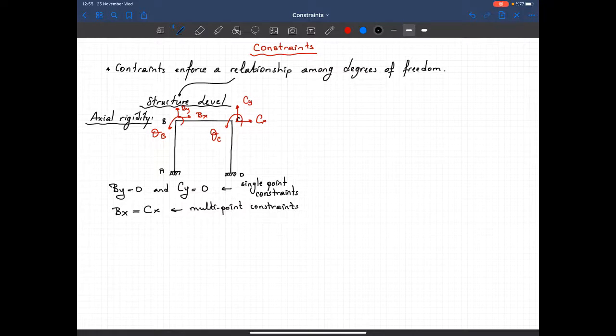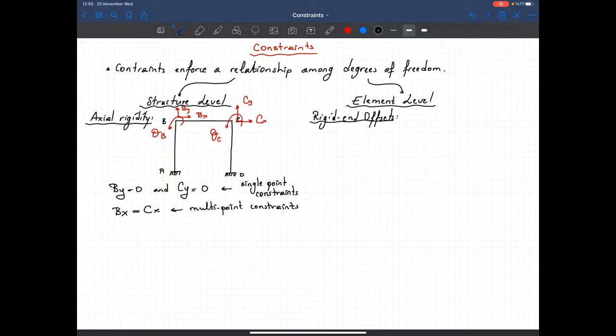This is the imposition of the constraint equations at the structure level, but we can also use this type of relationship at the element level, in the element formulations. And one of them, we haven't discussed it yet, but we will, is the rigid end offsets.